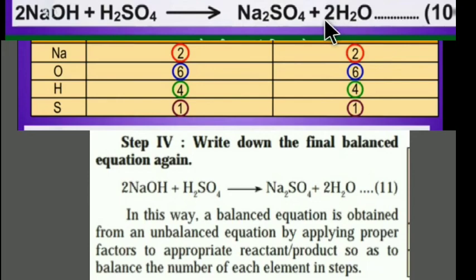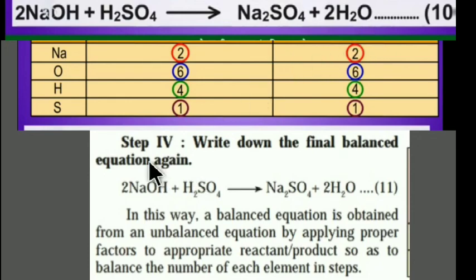We multiply these 2 by these 2 and get 4 hydrogen. Last one, sulfur, having 1 on the left and 1 on the right side. Let's see here, 1 sulfur here, and here also 1 sulfur. Hence, equation number 10(2) is a balanced equation.